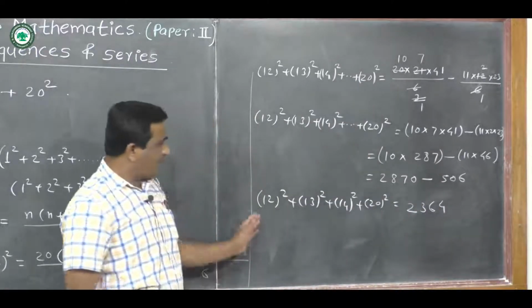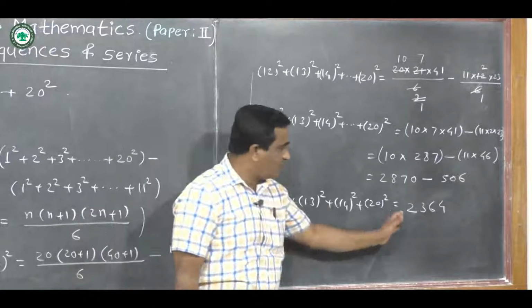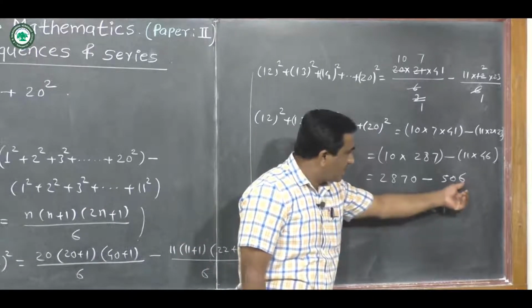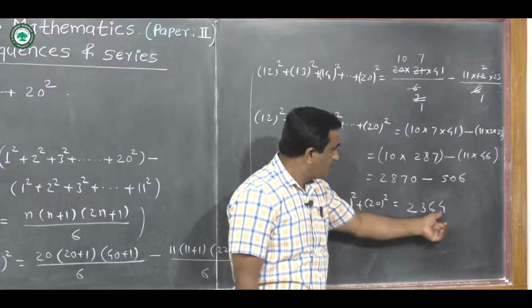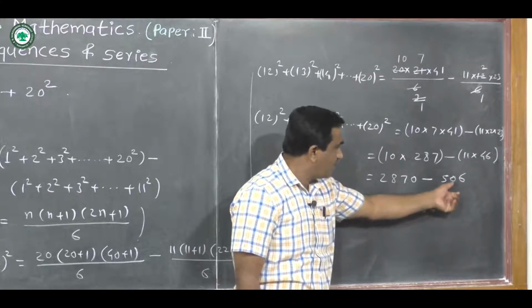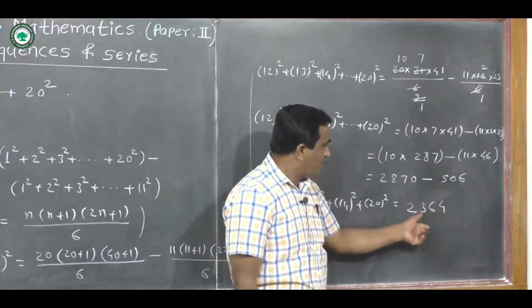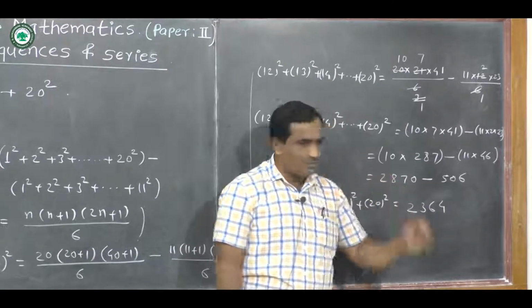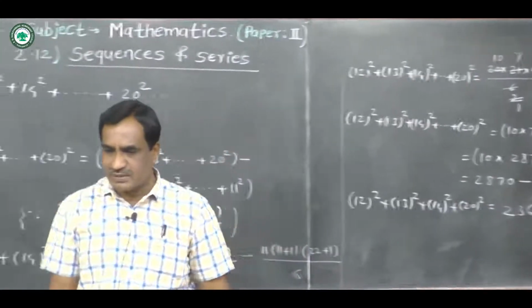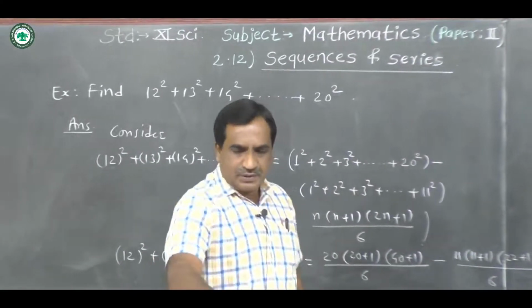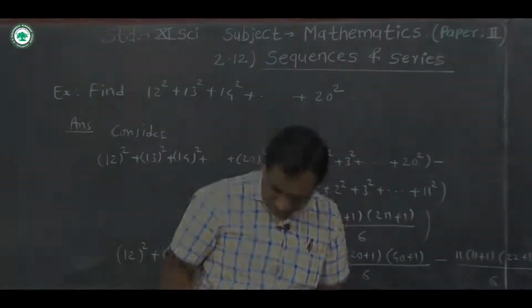That is, the value of this sum is equal to 2364. So we can check here, 10 minus 6 is 4, okay, carry on 1 here, 7 minus 1 is 6, 8 minus 5 is 3 and 2 minus 0 equal to 2. This is the value of the given sum, 2364.